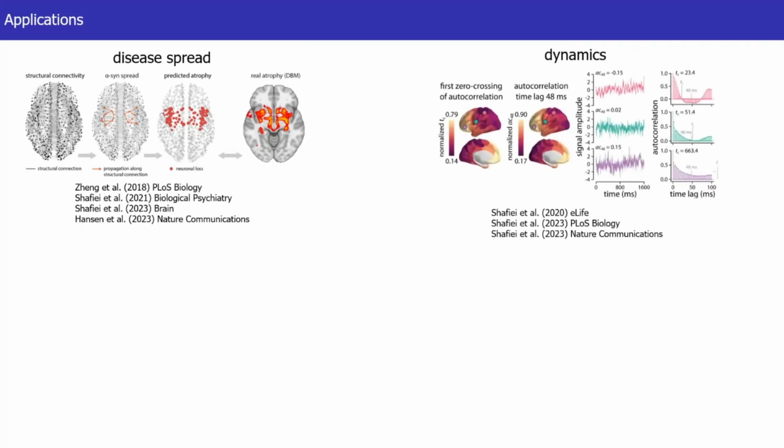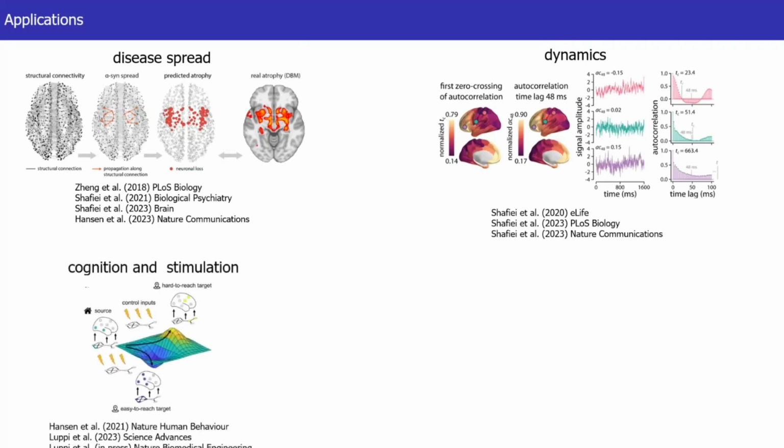If we go with this notion that there are a lot of spatial variations in microarchitecture, we can also ask, what are the dynamical consequences of that? So we look at how different features of dynamics co-vary with microarchitecture. We've also used these biologically enhanced models to make predictions about where you should apply different types of brain stimulation to get desired cognitive effects.